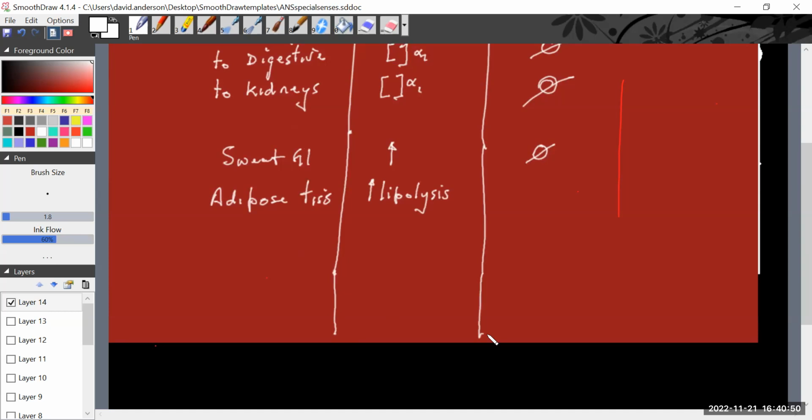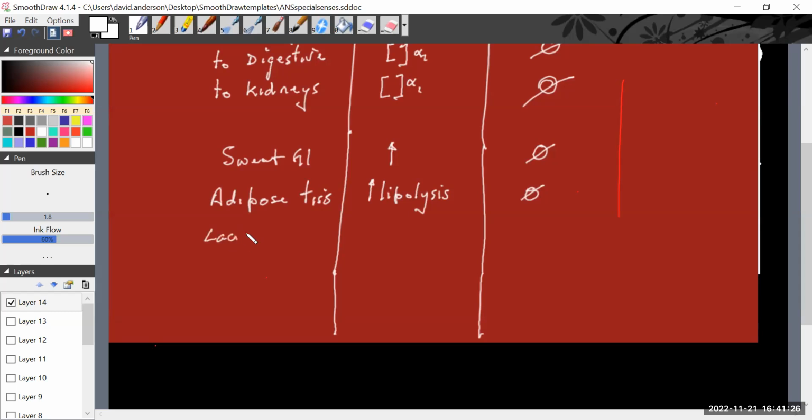We want to make some fatty acids available. So we're going to break down the triglycerides that are stored in adipose cells and make those fatty acids available so that we can have more gluconeogenesis. So we see an increase in lipolysis during fight or flight. You're not likely going to gain weight during fight or flight. And again, on the parasympathetic side, not too much as far as that goes.